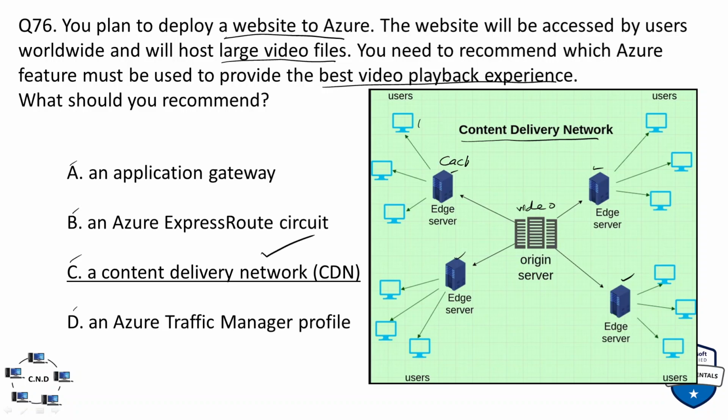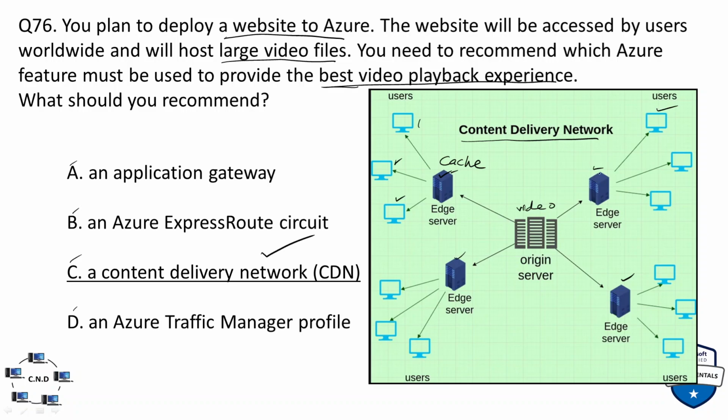Each time a new user or the same user accesses the file again, it is made available from this edge server, so there is little delay and little performance impact, and a very good, best playback experience for the user.